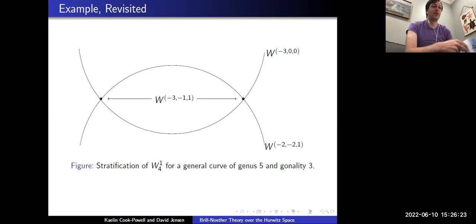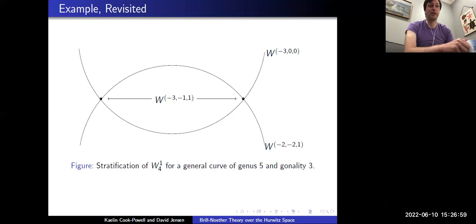If you look at triples of numbers that satisfy those conditions, there are actually a lot of them, but there are three that are interesting in this case. Here they are: -3, 0, 0; -2, -2, 1; and -3, -1, 1. If you look at the bottom one, -2, -2, 1, it has the property that if you subtract 1 from everything, you still have a non-negative entry.